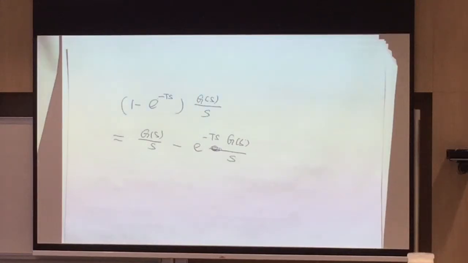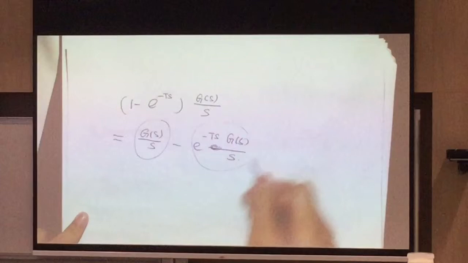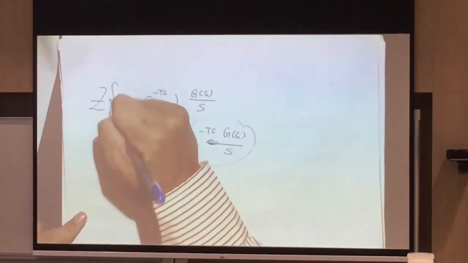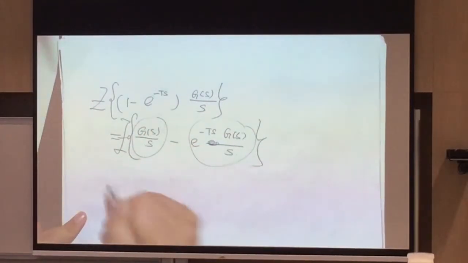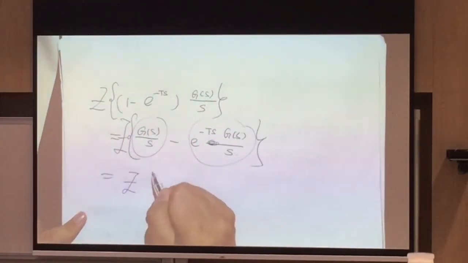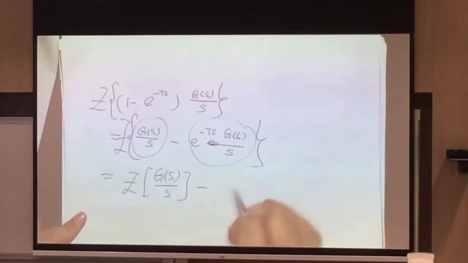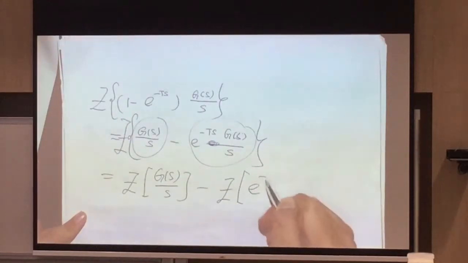Linear means what? The Z transform of this one minus the Z transform of this one is equivalent to the Z transform of the difference. So this one in total is equal to the Z transform of G(s) over s minus Z transform of e power minus Ts times G(s) over s.